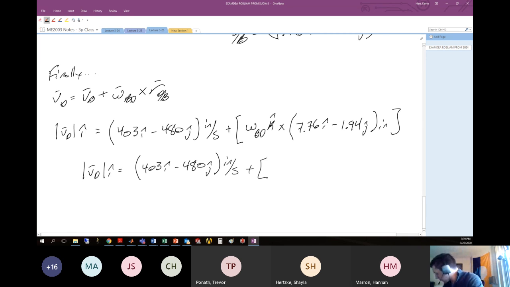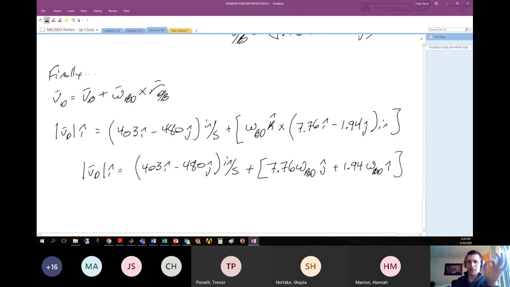If we work our cross product here, you're going to get 7.76 omega BD in J hat plus 1.94 omega BD I hat. So that's executing the cross product there.